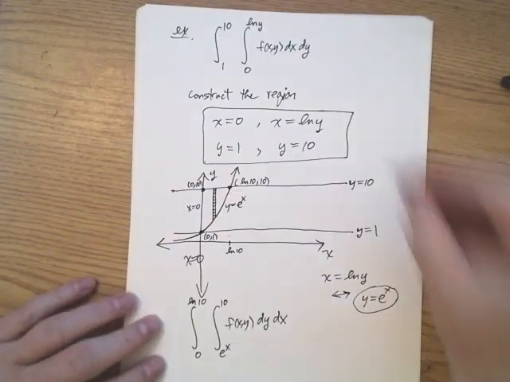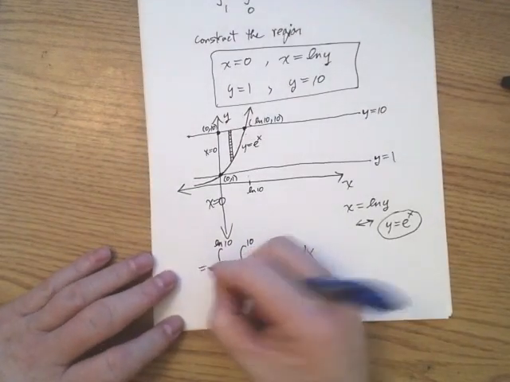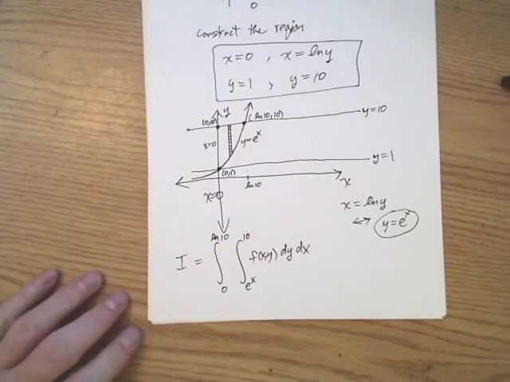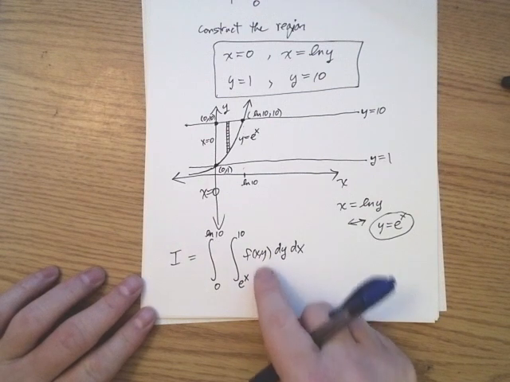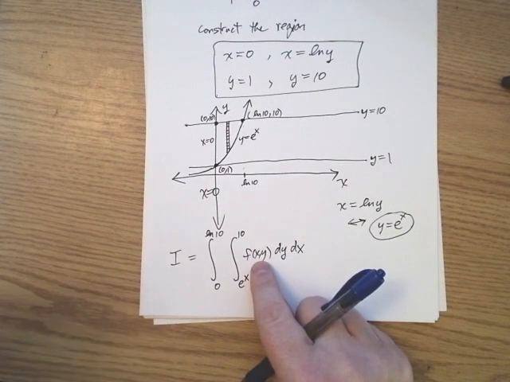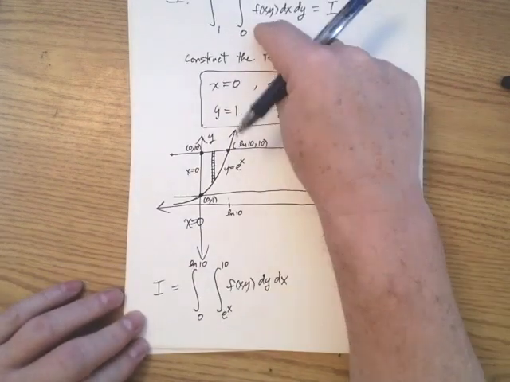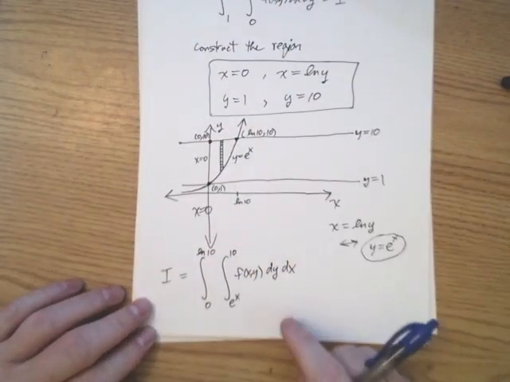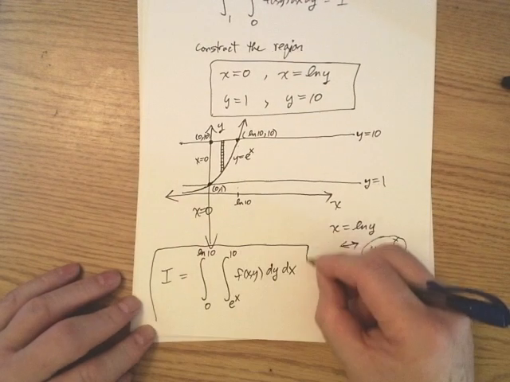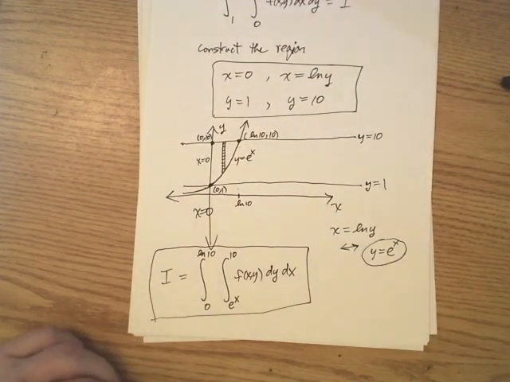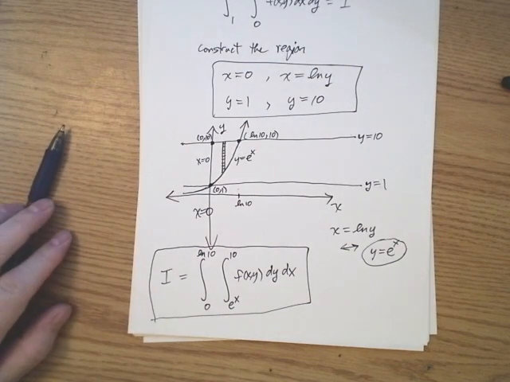I could call this I, and this is also I. So if I have a continuous or integrable function and I integrate it this way or this way, I'm always going to get the same answer. Very cool. I hope that makes sense to you. There it is.